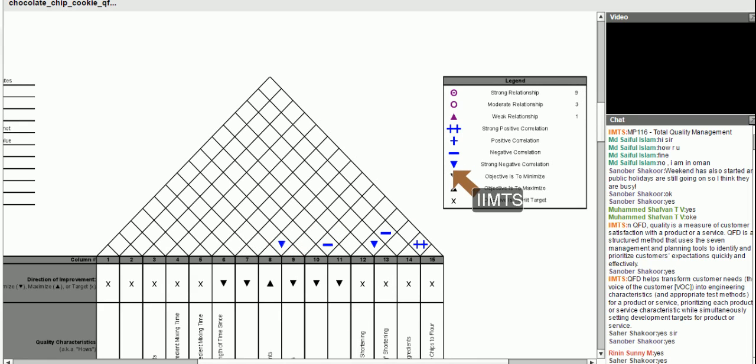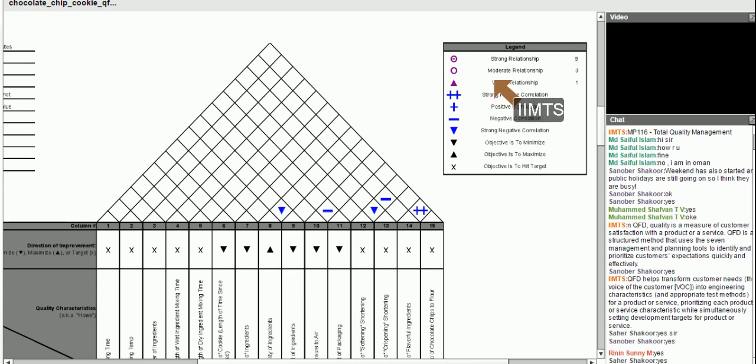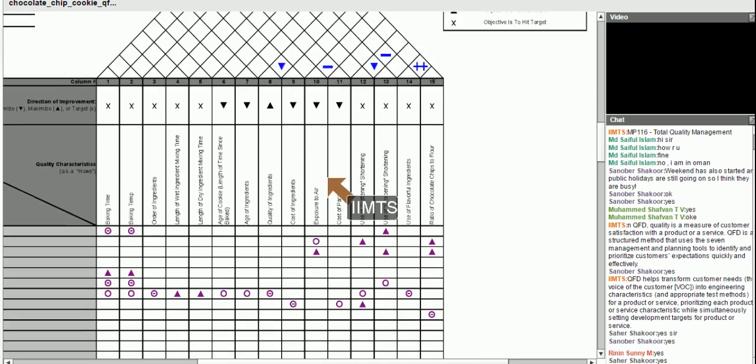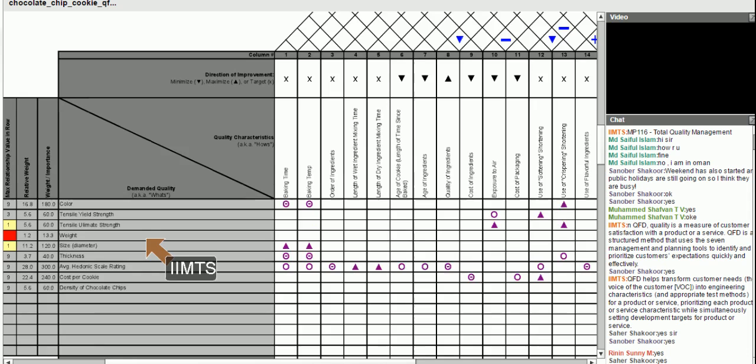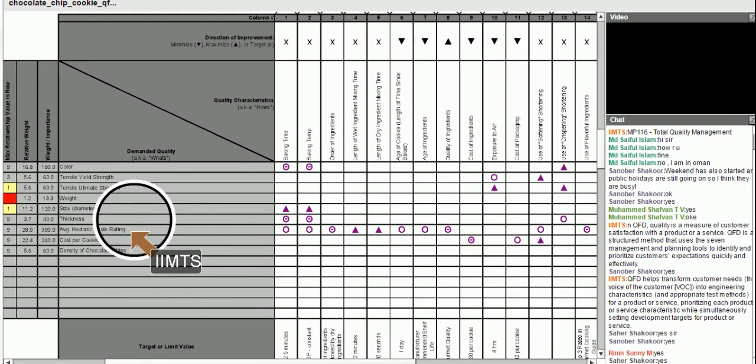Down arrow means strong negative correlation. I've already discussed correlation with you in the beginning. Plus means positive correlation, and double plus means strong positive correlation. So these are the parameters like baking time, baking temperature, order of ingredients, and you can also see the demanded quality.